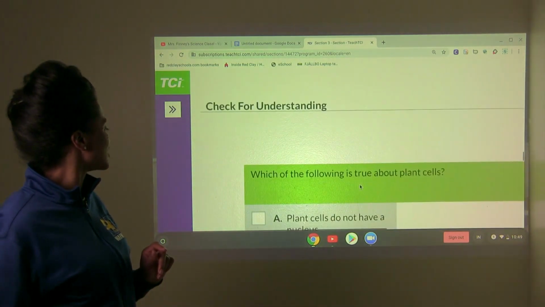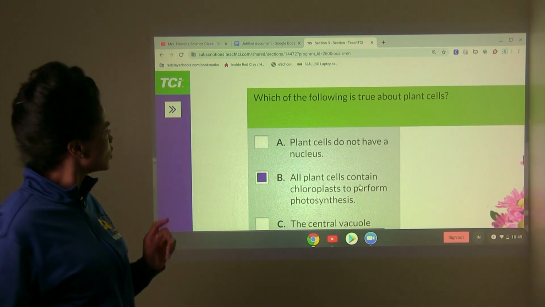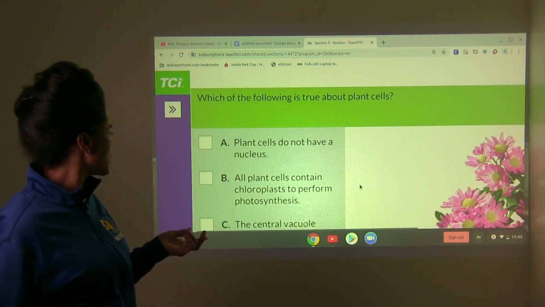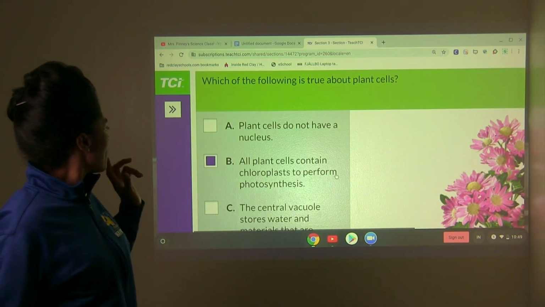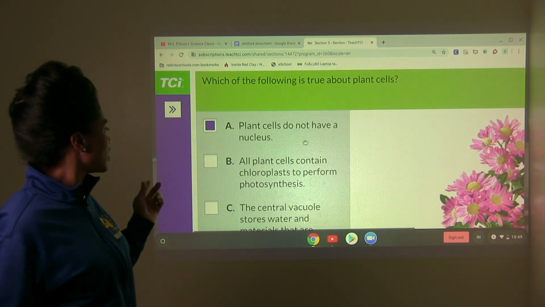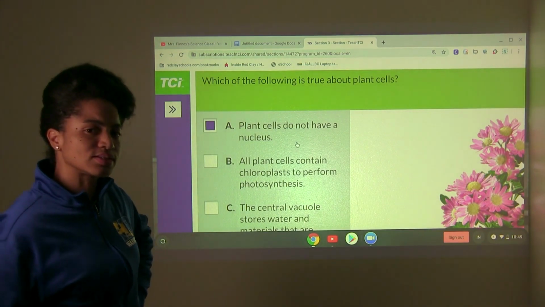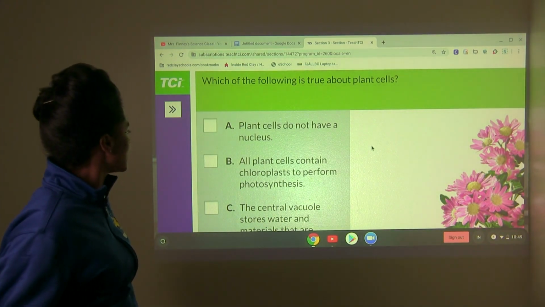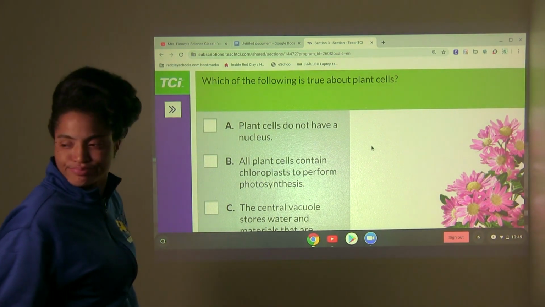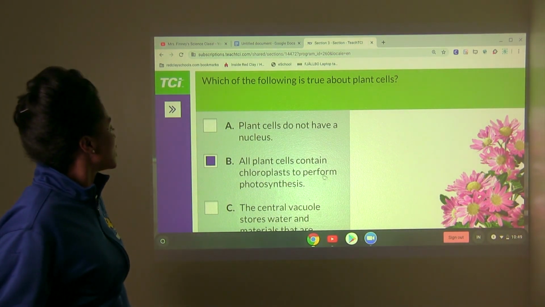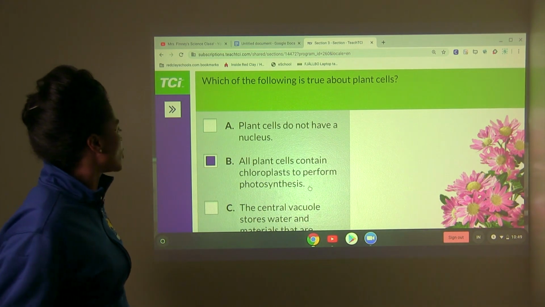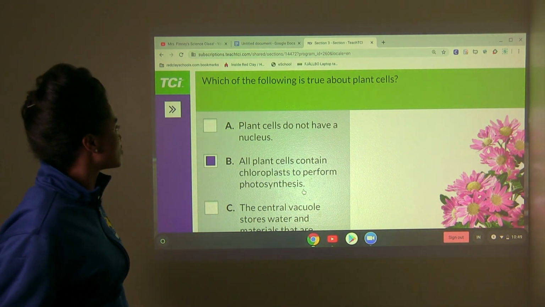All right, let's check for understanding here. Which of the following is true about plant cells? Let's see what you know. Plant cells do not have a nucleus. Anybody tell you that? Did you get that understanding? All plant cells contain chloroplasts to perform photosynthesis.